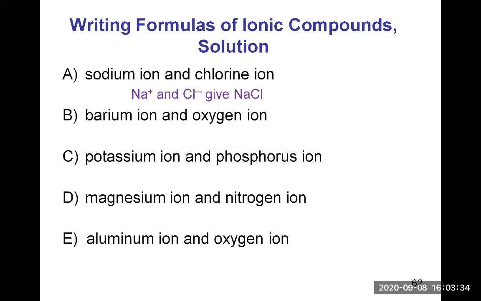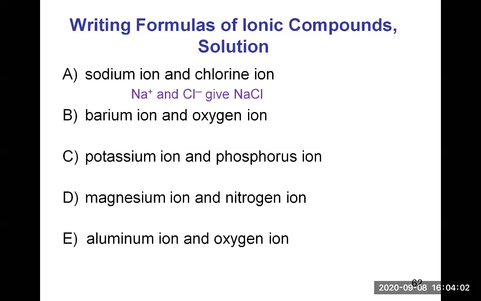Okay, let's look at barium and oxygen. Barium in group 2A is an alkaline earth metal, and is making a 2+ ion because it's in group 2A and it's a metal. So 2+ for barium. Oxygen, a non-metal found on the right side of the periodic table in group 6A.